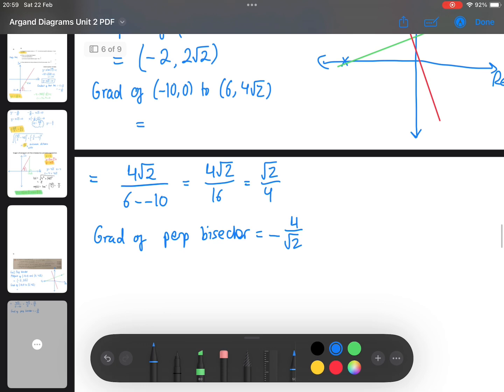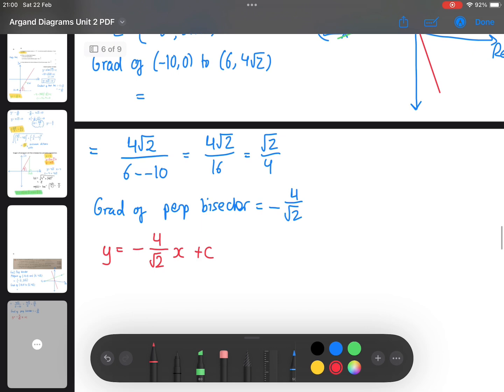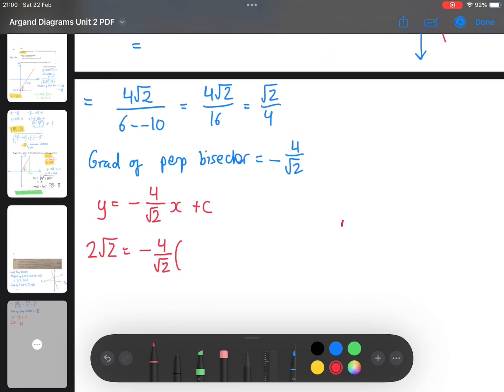So if we want to find the equation of the line, it's going to be in the form y equals -4 over root 2 x plus c. Substituting in our values, we have 2 root 2 equals -4 over root 2 times -2 plus c.